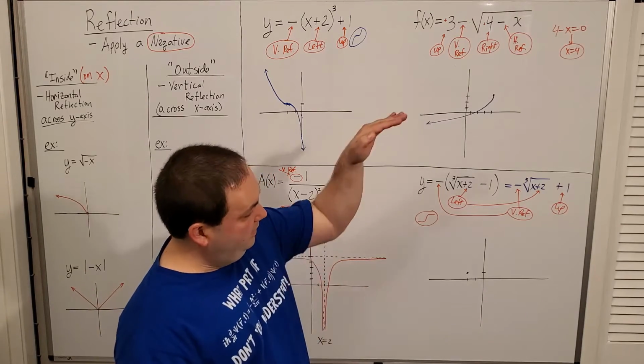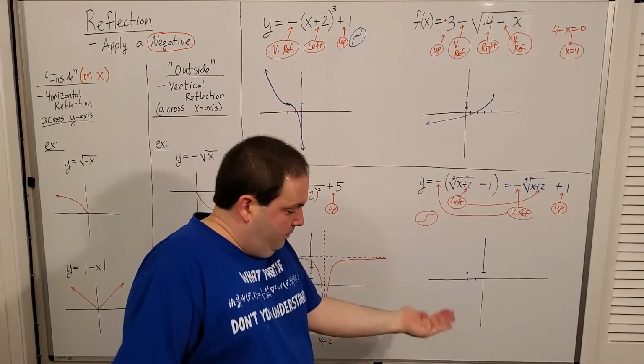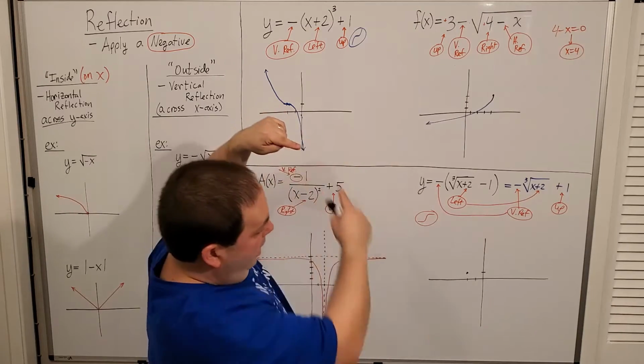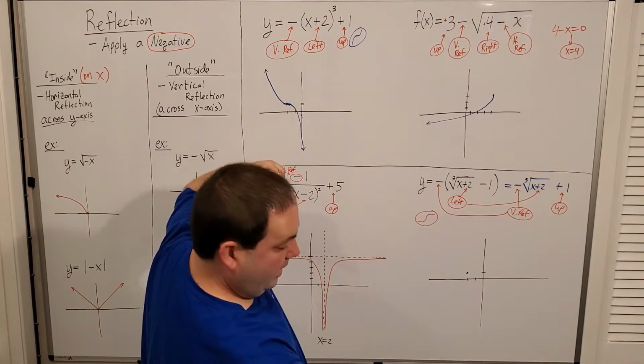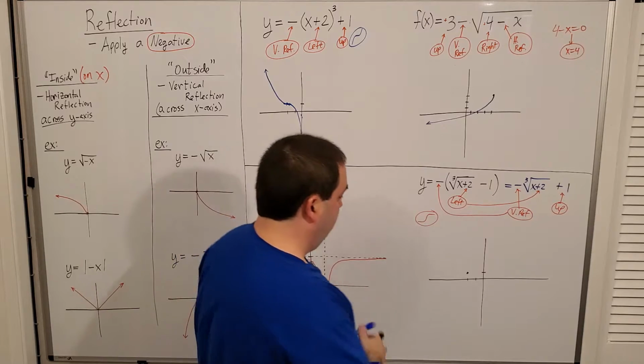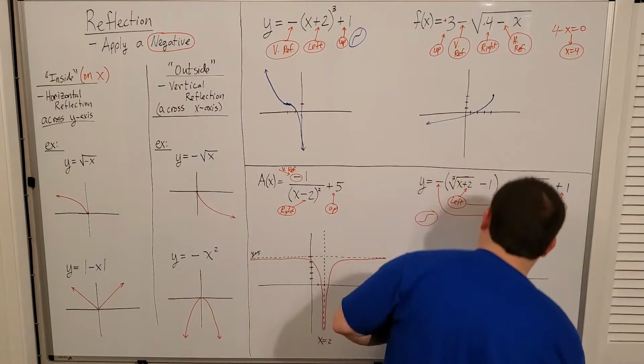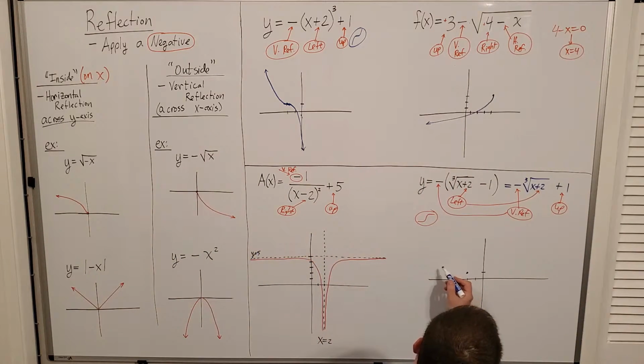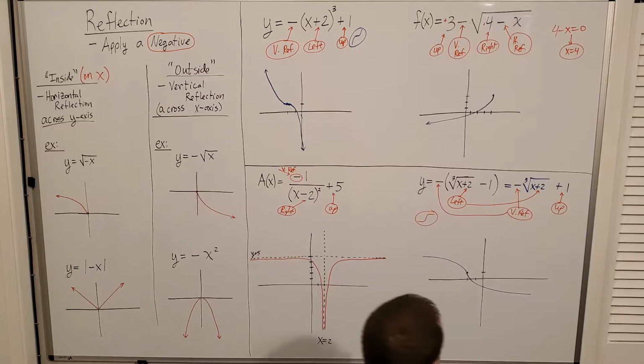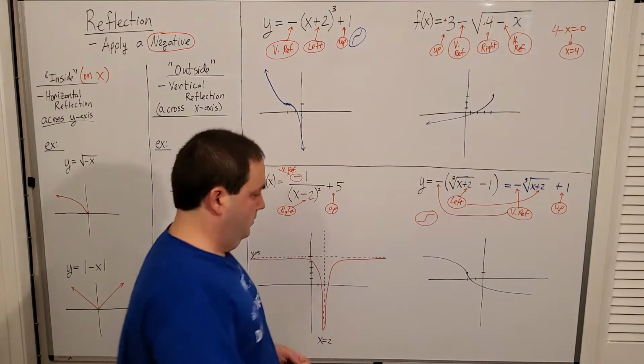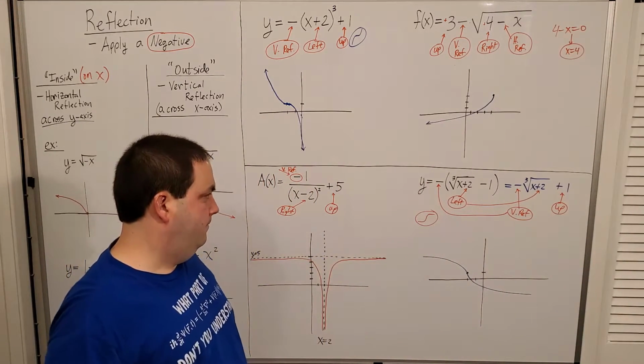So instead of going this way, it's going to flip, and it's going to start high at the left and go low to the right. So something like that. Okay?